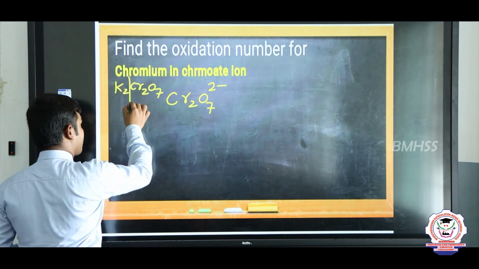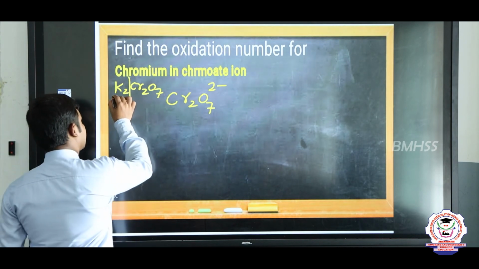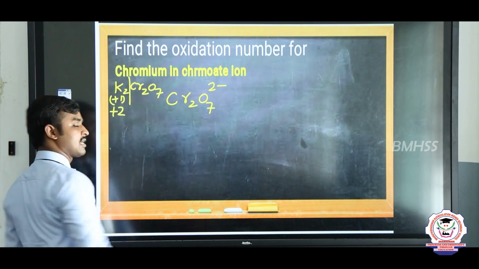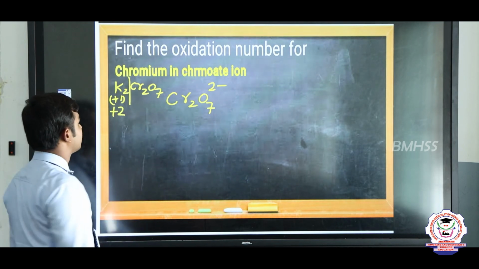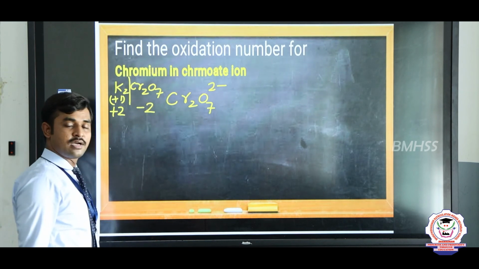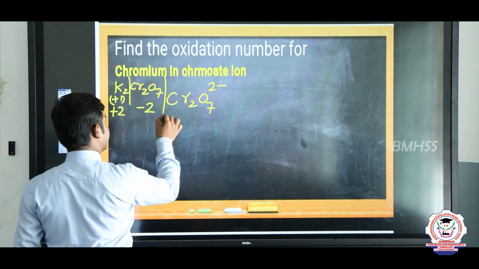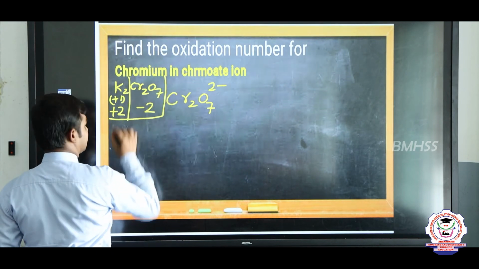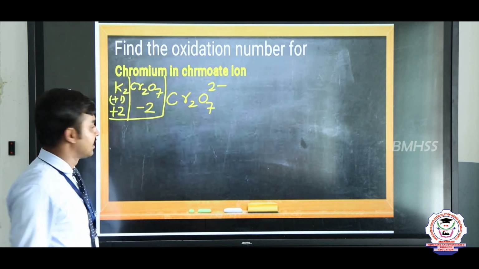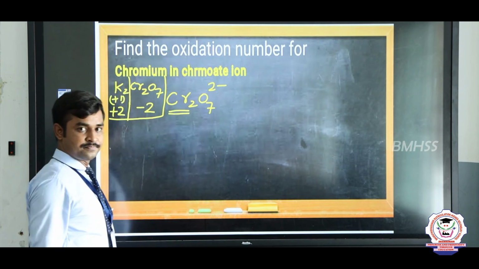When we separate the ion in potassium dichromate, each potassium has plus 1 oxidation state. Totally the K2 has plus 2, so Cr2O7 has the opposite sign and the same number, minus 2. This is the ion, Cr2O7 2 minus, in which we need to find the oxidation number for chromium.